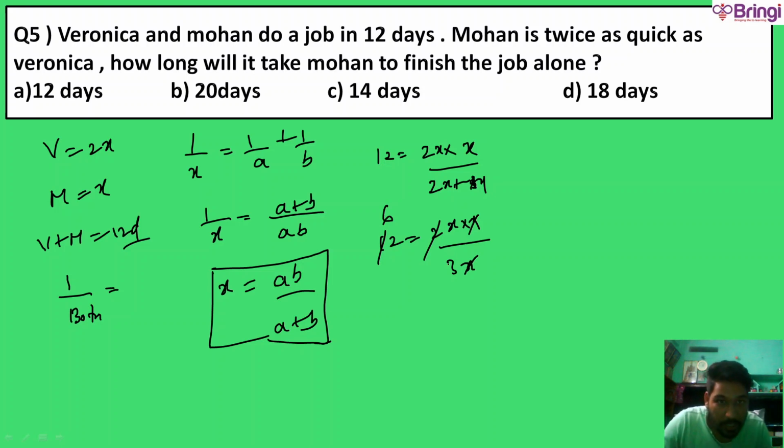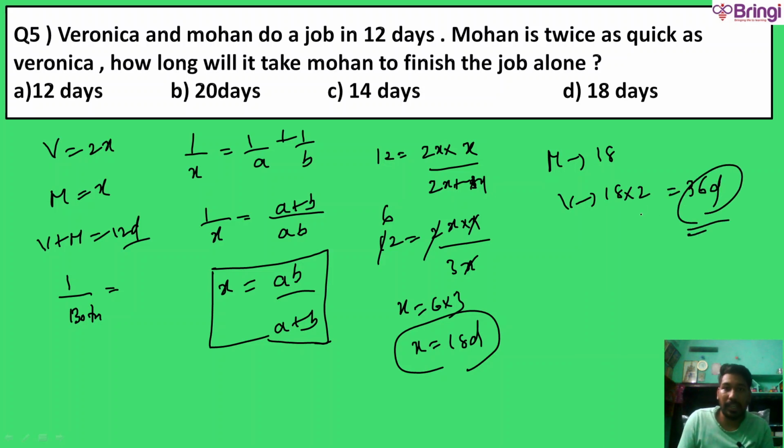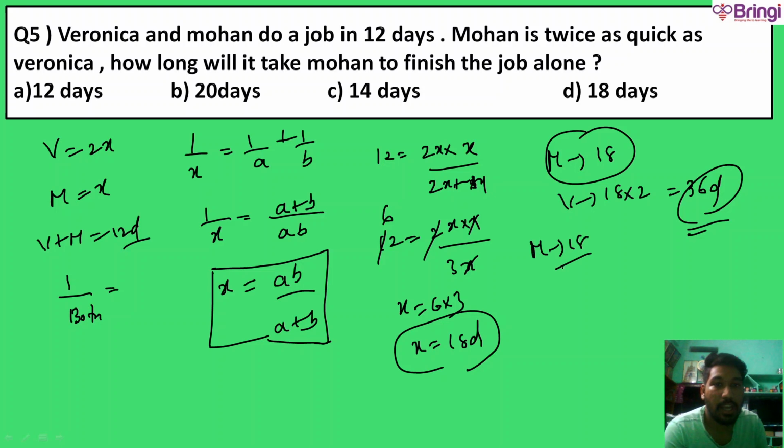X equals 6 into 3, so x equals 18 days. Who is x? Mohan. So Mohan is 18 days and Veronica is 18 into 2, 36 days. They are asking about Mohan, so the option is Mohan 18, option D.